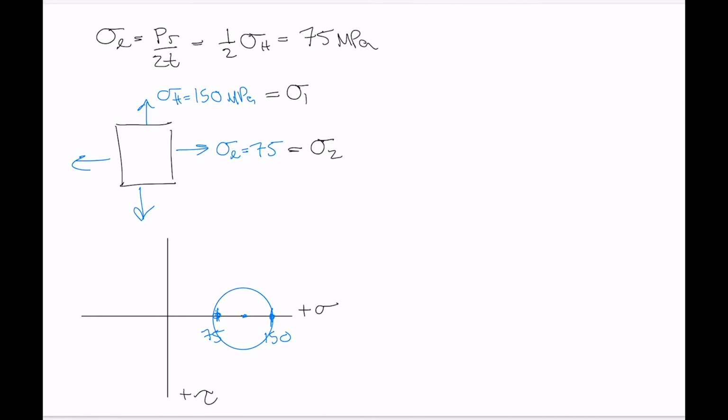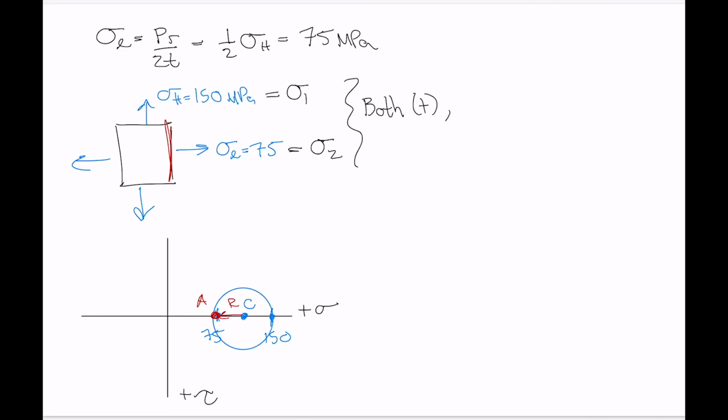The center, C, is right in the middle, and if you were actually going to put point A on, the reference point on the right-hand side is sigma L, so there's point A. The radius goes from C to A. But we don't really care about Mohr's circle much for this problem, other than the fact that the two principal stresses are both positive.